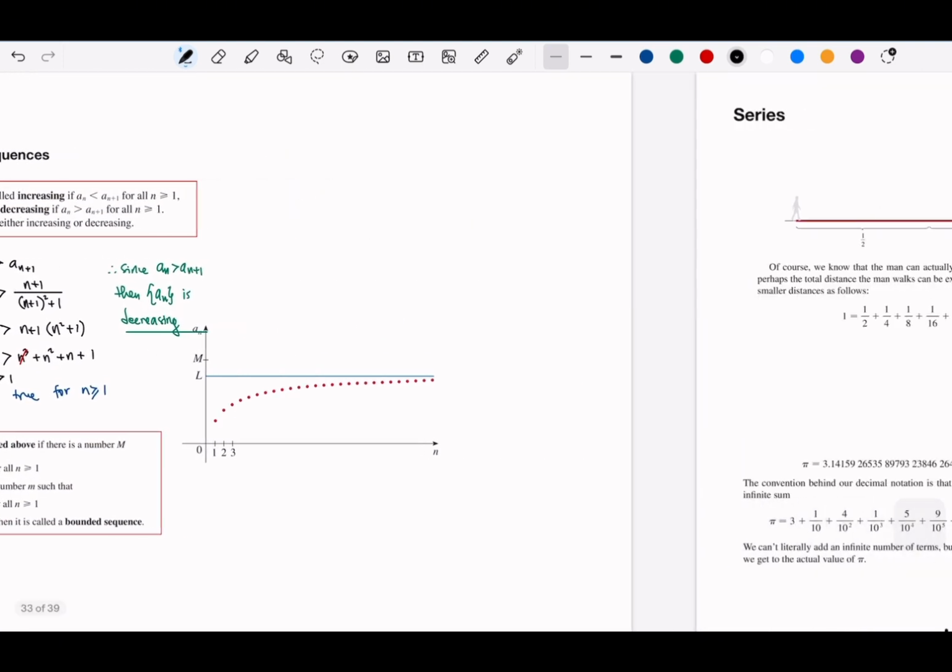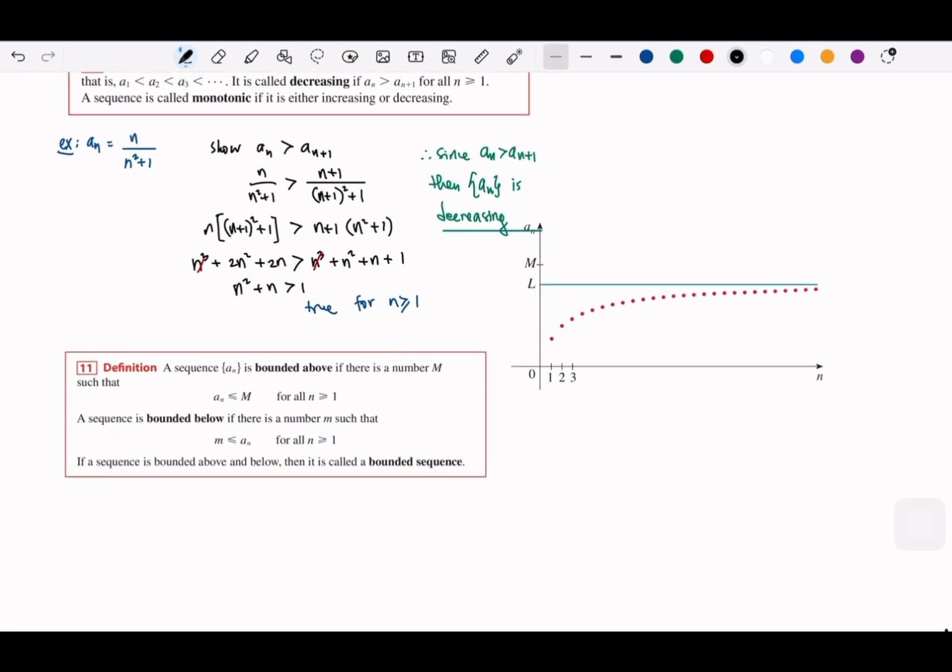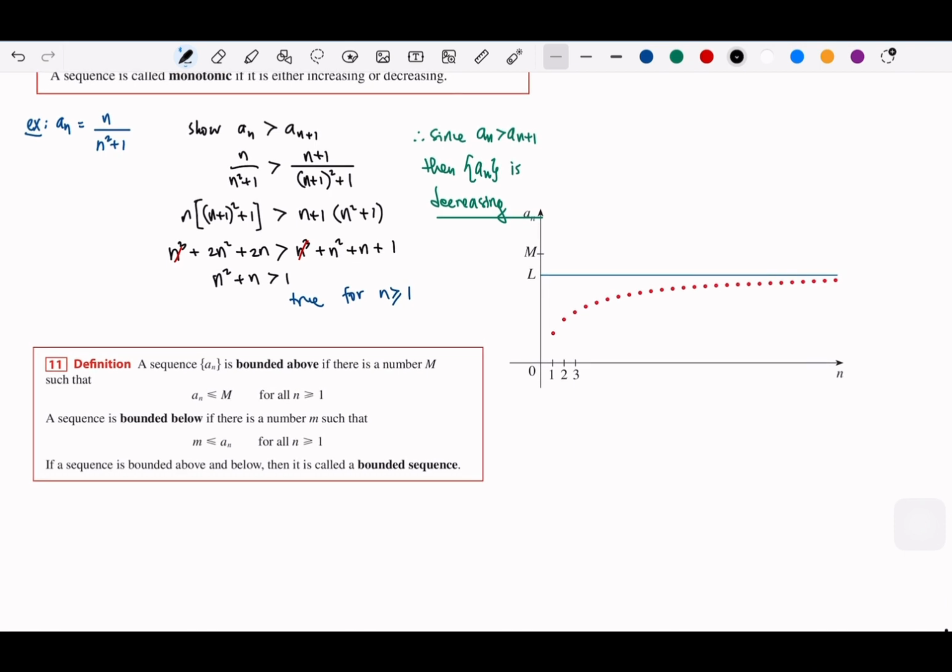Okay, I forgot to write here the conclusion, number 12. So every bounded monotonic sequence is convergent.